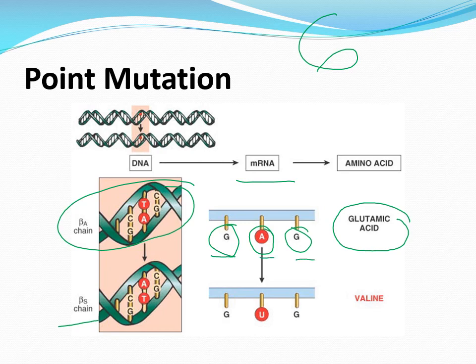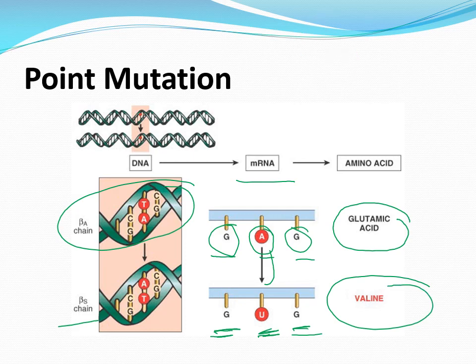Now adenine has been replaced by uracil, so it is guanine, uracil, guanine. Guanine, uracil, guanine will code for valine, not glutamic acid. That means in position number 6, instead of placing glutamic acid, we are going to place valine.